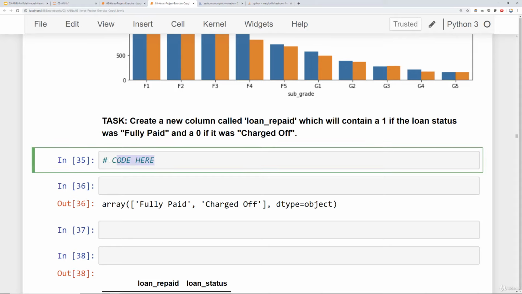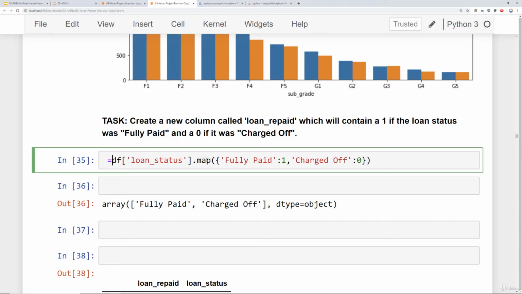So there are lots of different ways we can do this, but one way is to simply say my loan status, go ahead and map the fully paid, and I can just copy these. You can grab this with a unique call, but go ahead and map fully paid to be 1, and then map charged off to be 0.